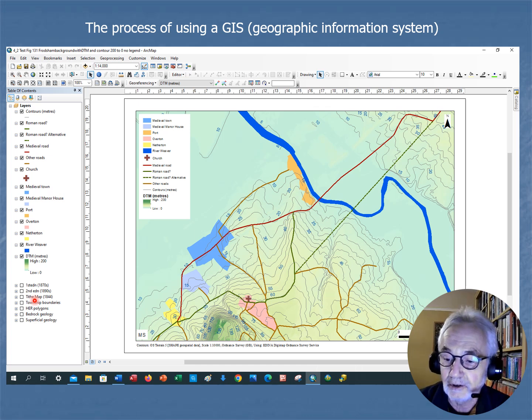This includes historic maps as well as historic environment record data supplied by the County Archaeological Service. In the middle are a series of plan types which I created myself, such as the outline of the medieval town, a manor house and a port area.